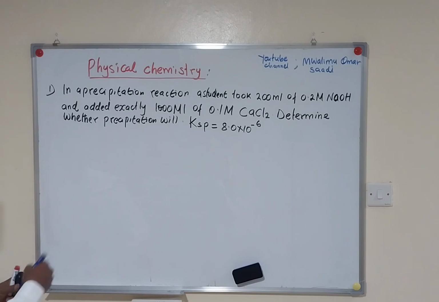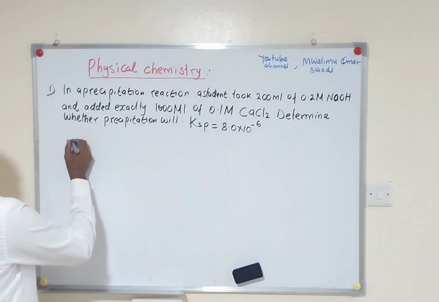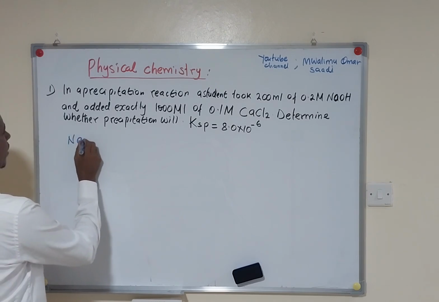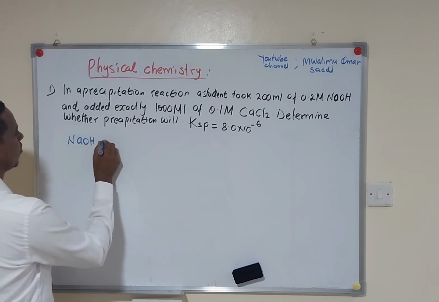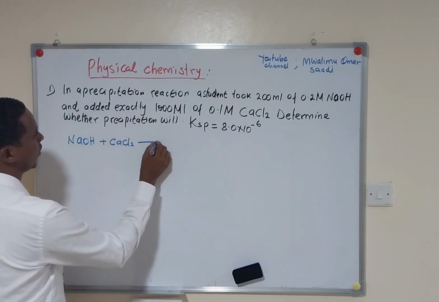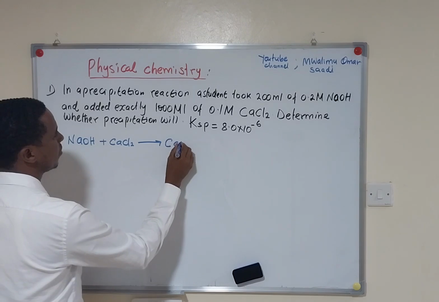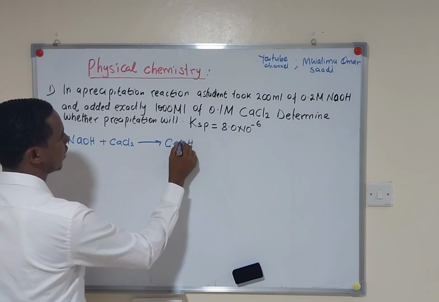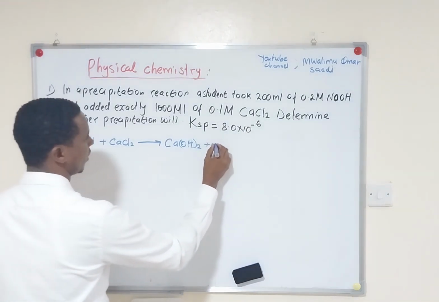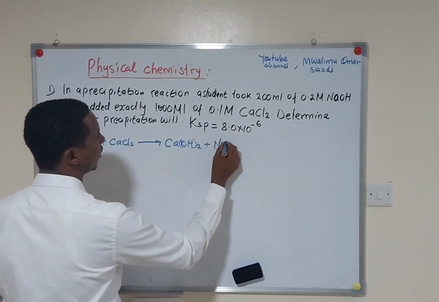So let us first write our ionic equation in this reaction. Our equation here, we have sodium hydroxide plus calcium chloride forming calcium hydroxide and sodium chloride.